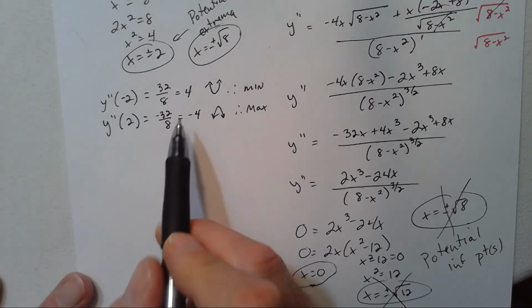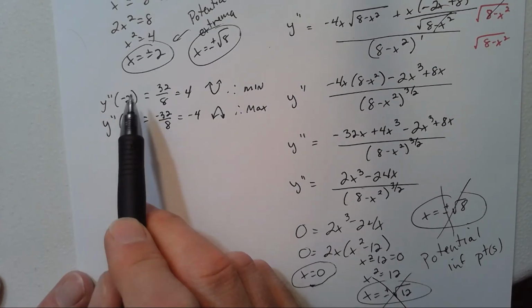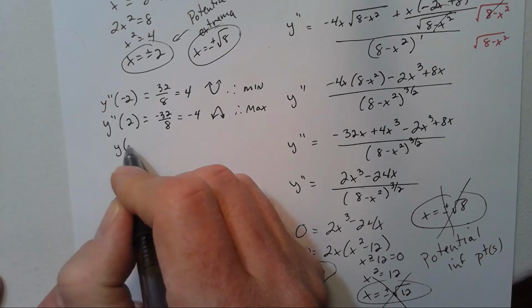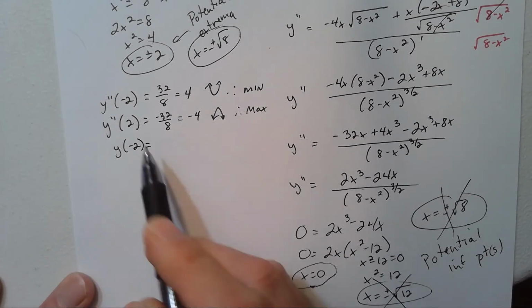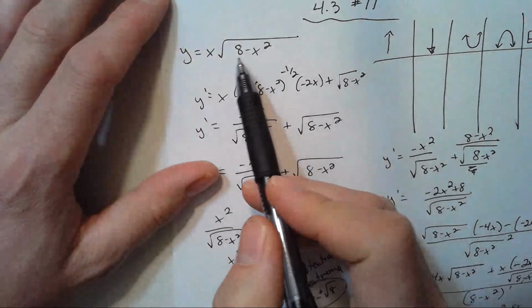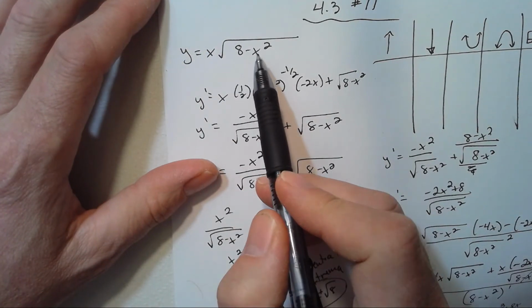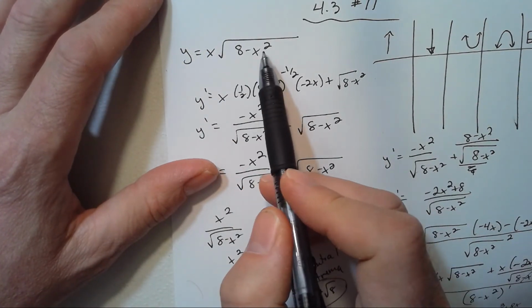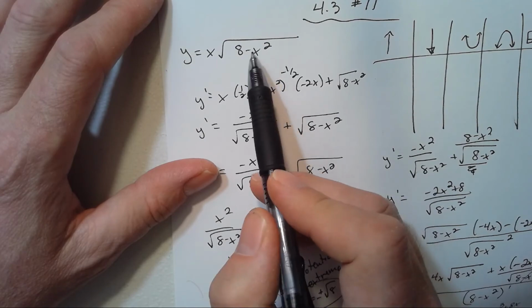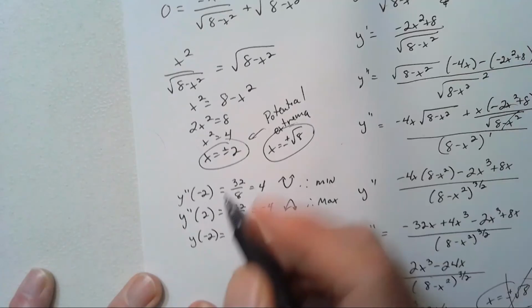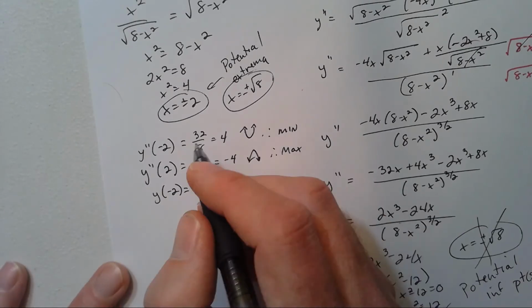We might as well find the ordered pair here. So negative 2, let's find y of negative 2. If I plug negative 2 back into my original function, negative 2 times square root of 8 minus negative 2 squared, so 8 minus 4 is 4, square root of 4 is 2, times negative 2 is negative 4.